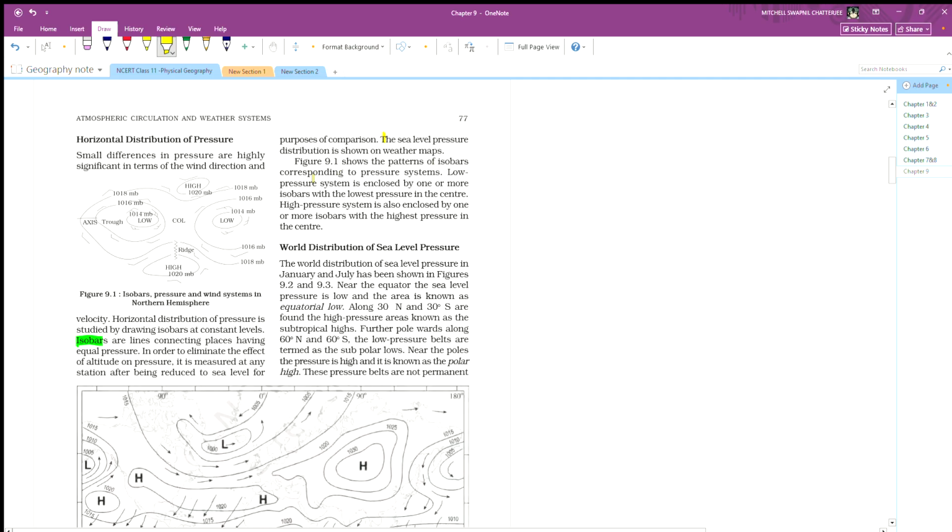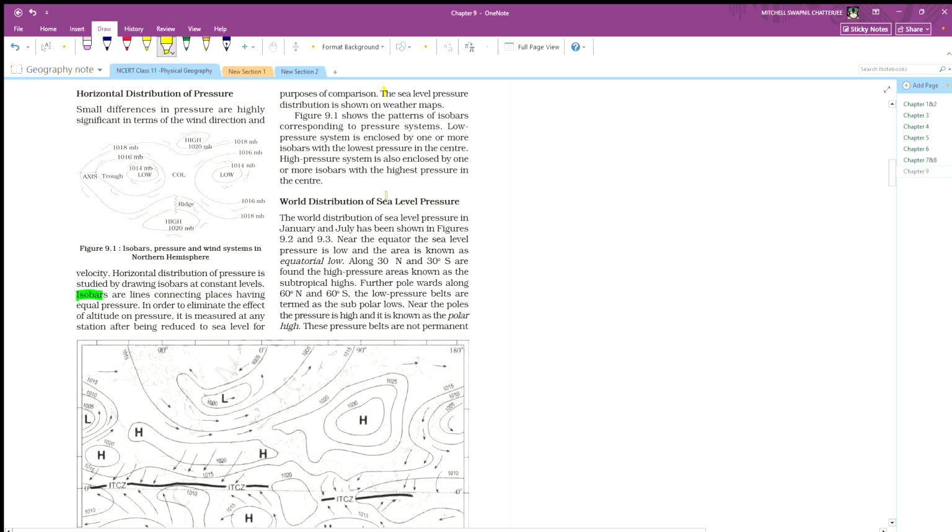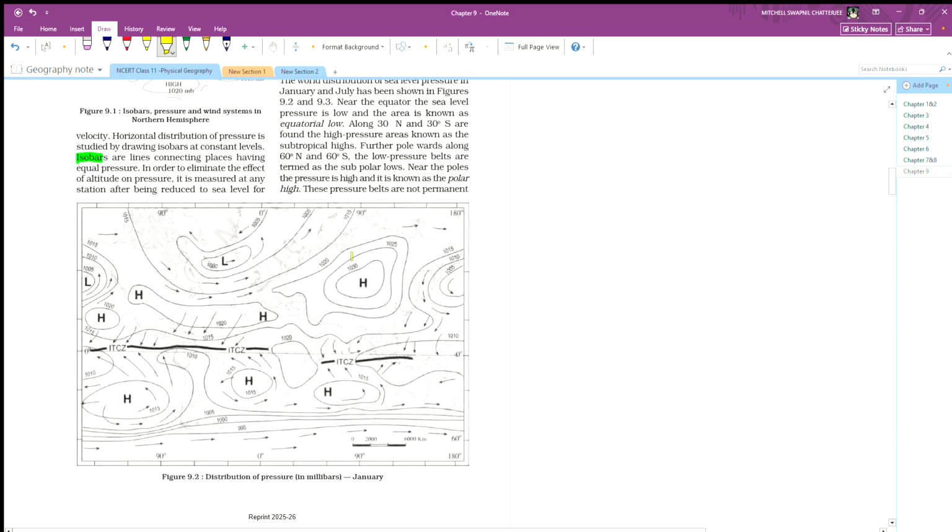They show the pattern of isobars corresponding to the pressure system. A low pressure system is enclosed by one or more isobars with the lowest pressure in the center. So the center has the lowest pressure, and around it will be surrounded by isobars of higher pressure.